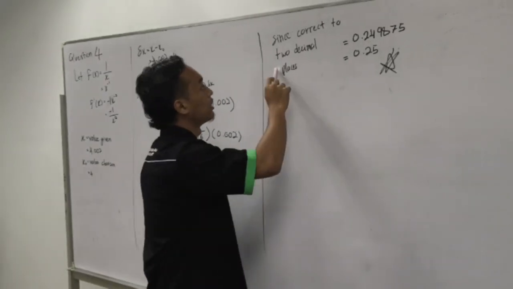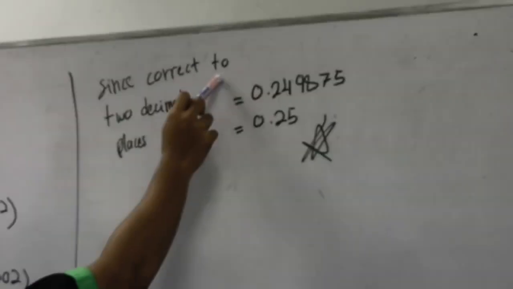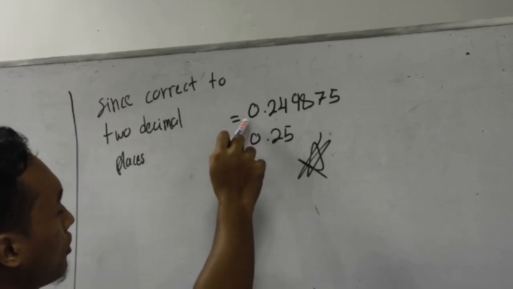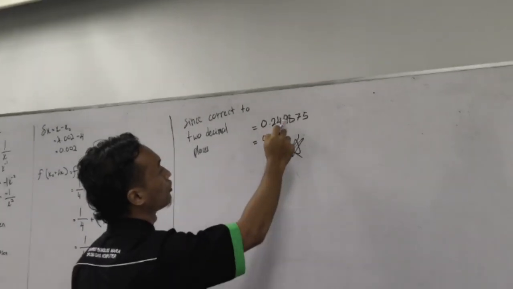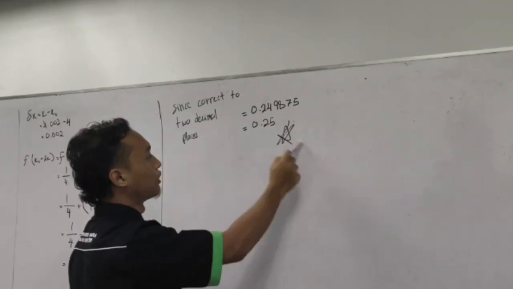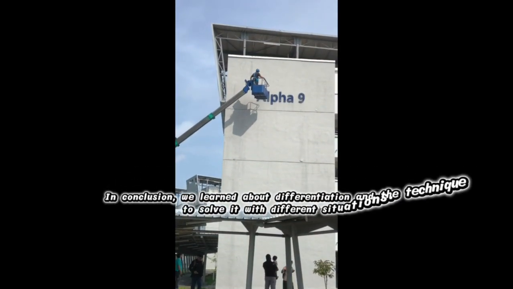And then since the answer asks to correct to two decimal places, 0.249875 becomes 0.25. That's all.